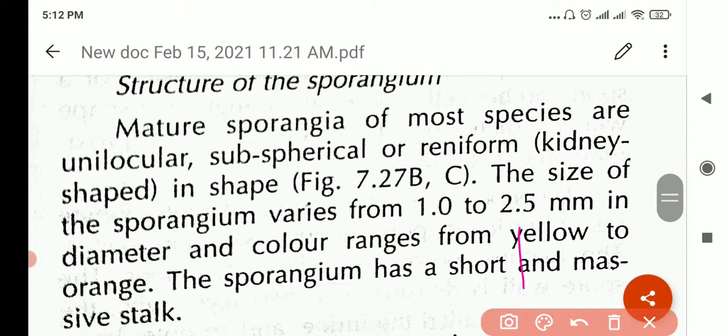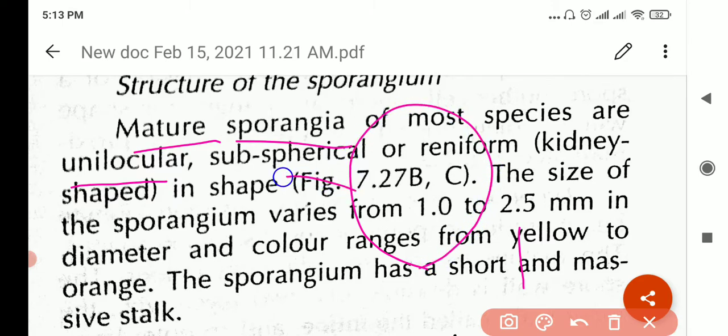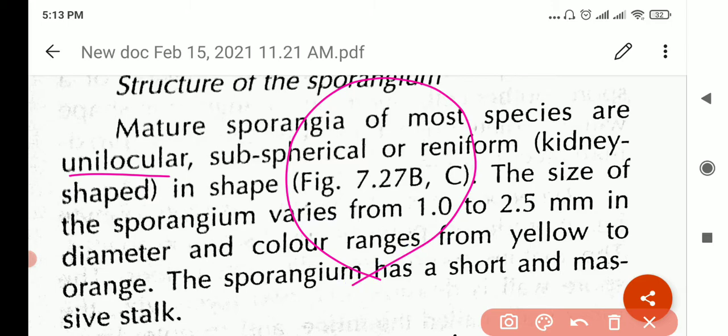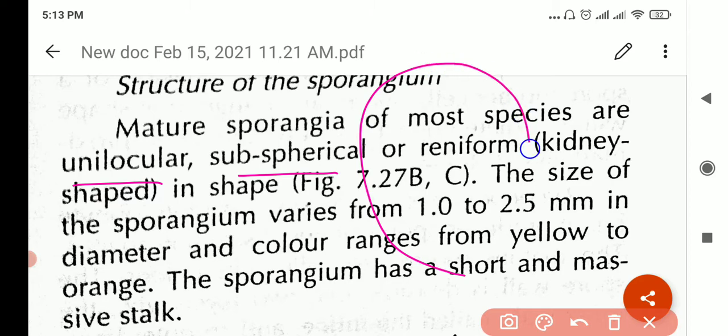The mature, fully grown sporangia are unilocular, meaning just a single chamber. If I say bilocular, it means double chamber. Tri will be three chambered. So unilocular means one chambered. They are subspherical, not fully round, and they have a kidney shape, reniform.